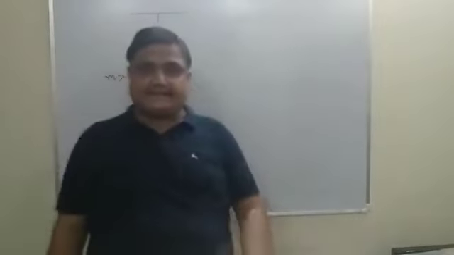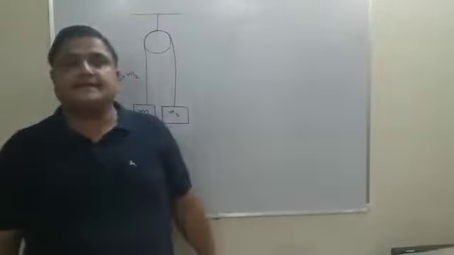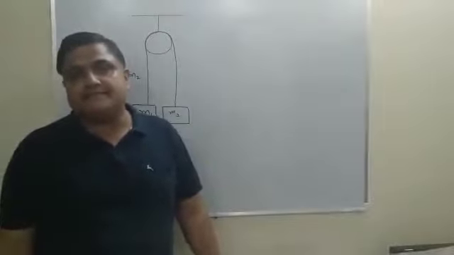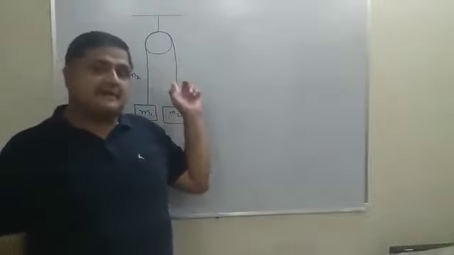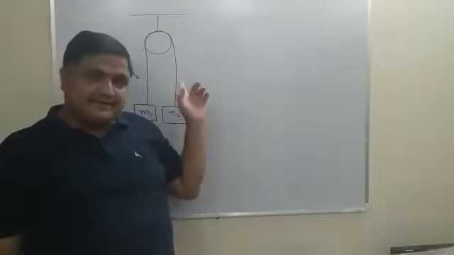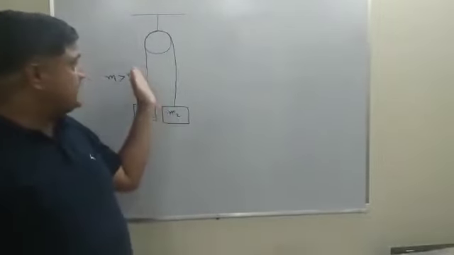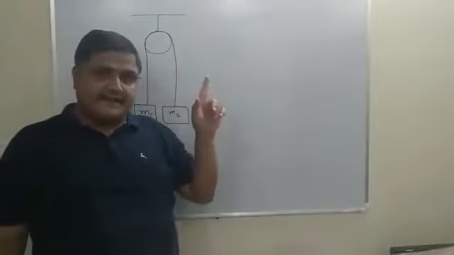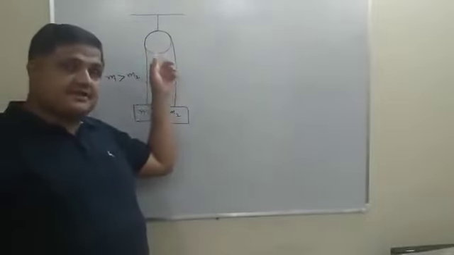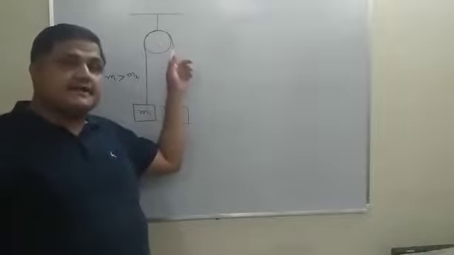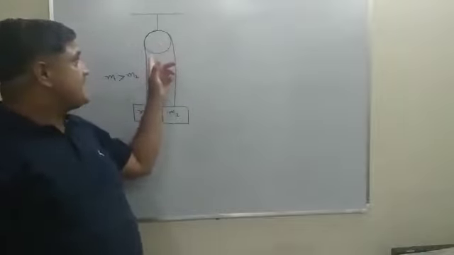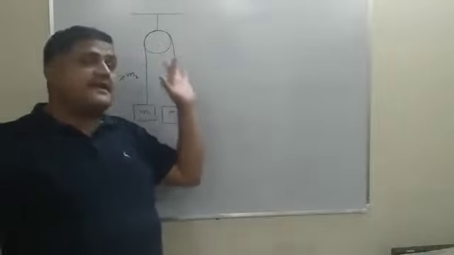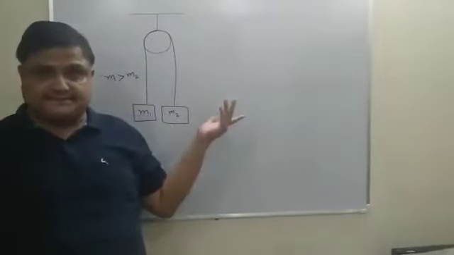There are three cases. In the first case, which is the ideal case, the thread is massless and the pulley is frictionless, then tension will be the same on both sides. Second case, if there is friction between the thread and the pulley, then there will be different tensions on both sides.